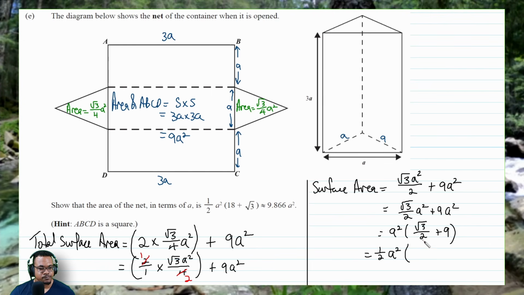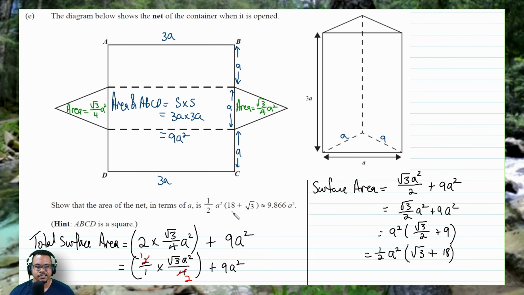So the 2's will cancel and you get square root of 3. And when I divide 9 by a half, same as multiplying by 2, that's how I get 18.